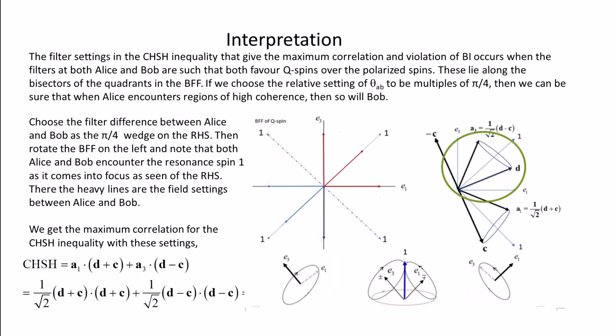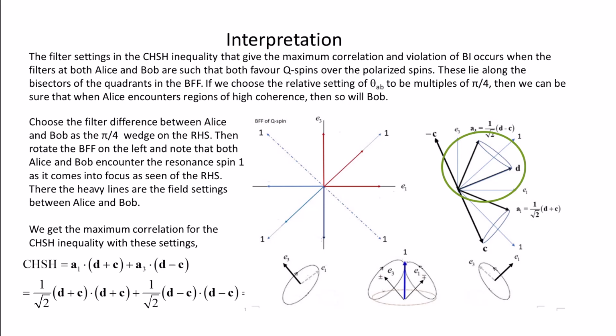If we choose the relative settings of theta AB to be multiples of pi over 4, then we can be sure that when Alice encounters a region of coherent Q-spin, then so will Bob. The most favorable settings are for the pi over 4 wedge shown here, which lies between 22.5 and 67.5 degrees on either side of the resonance simultaneously at Alice and Bob's filters.